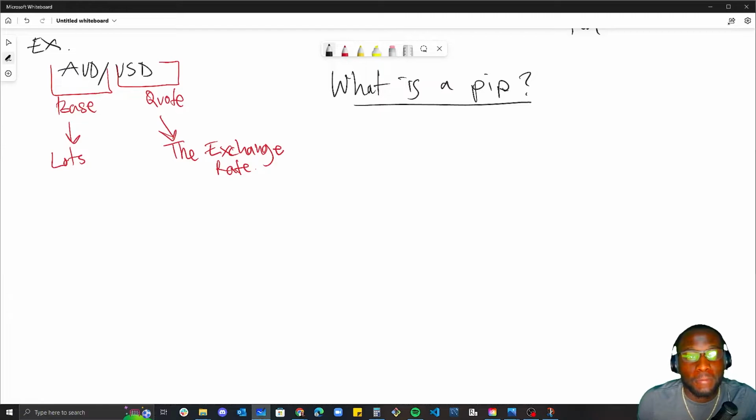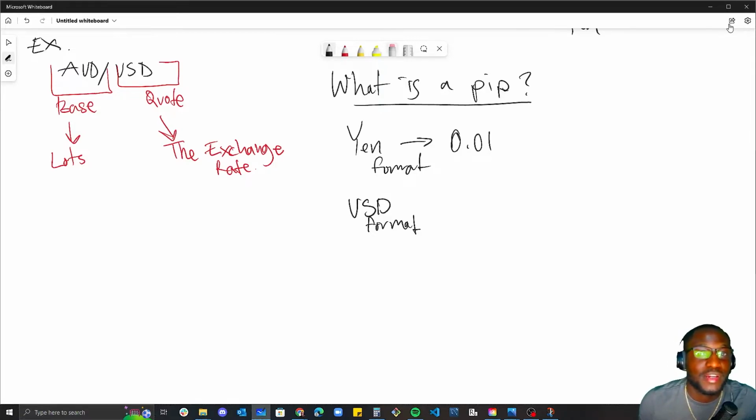We know the formatting for the yen, and we know the formatting for any other currency that isn't the yen, so I'll just put non-yen.